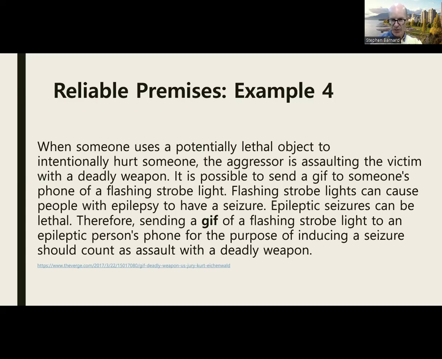Before reading this argument, I had never considered that sending a GIF could count as assault with a deadly weapon. But if I follow the premises one by one, and this is a very good example of unfolding them in a natural order, it's very easy to go from the premises to the conclusion. The person starts off with a definition of assaulting someone with a deadly weapon.